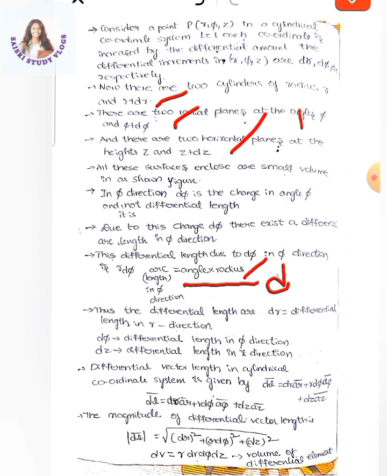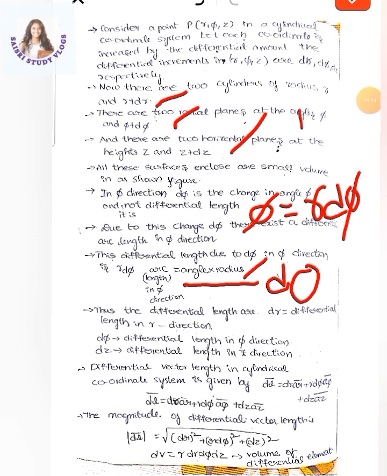So with this formula we can convert all the r, phi and the dz into same dimensions, with the same units. So here the phi is converted into r d phi. From the formula, arc is equal to angle into radius. Radius is r and the angle is d phi.